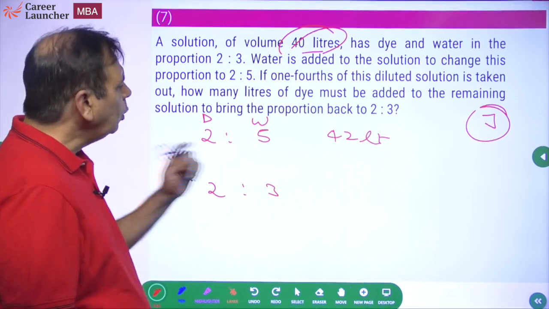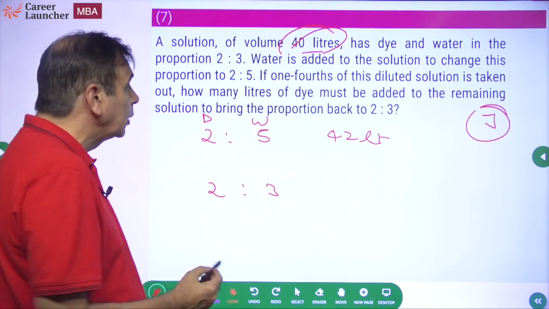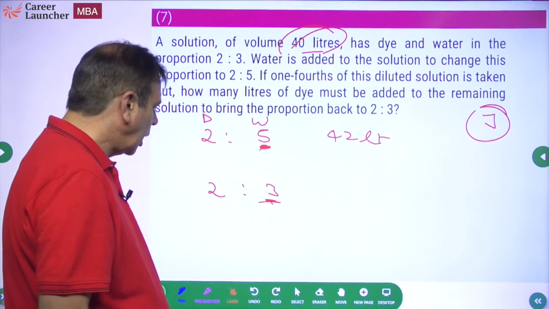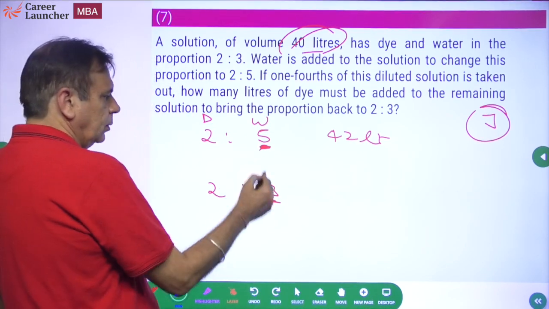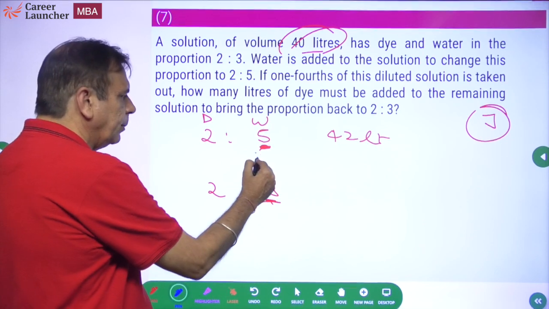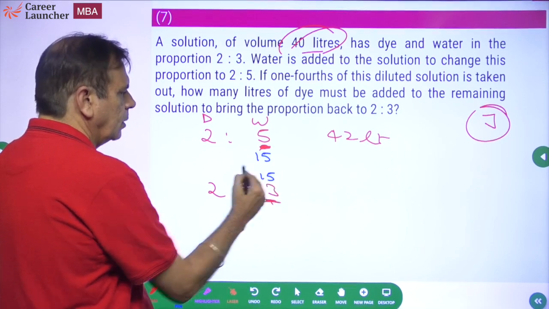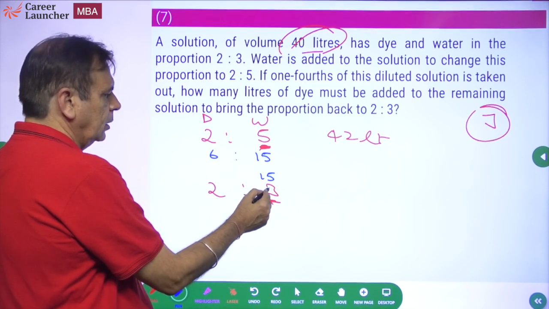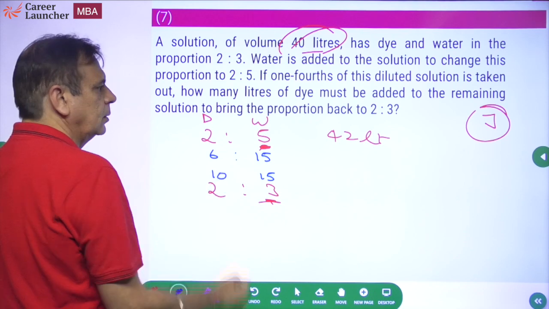I want this number and this number to be the same. How will I make this number the same? This is 5 into 3, 15. So if I make this 15, 5 into 3, 15, 3 into 2, 6. 3 into 5, 15, 10.